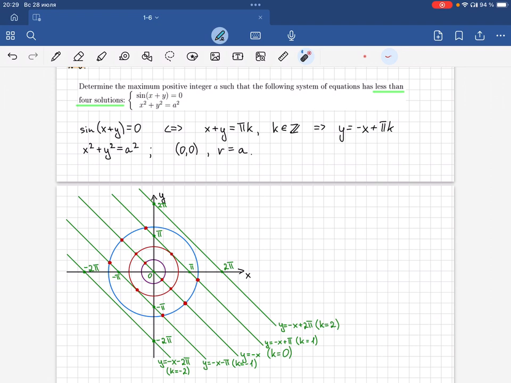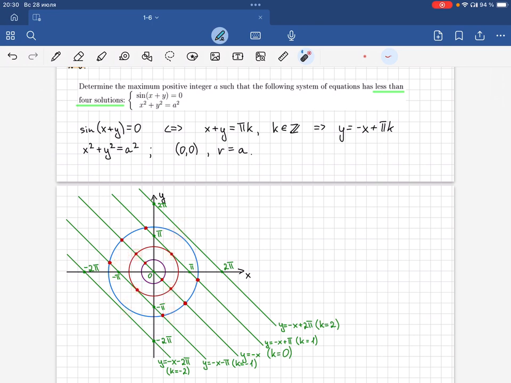And we will have these two solutions until the moment when our circle reaches these two lines, this one and this one. This is our red circle, and you can see that here we have not two, but already four solutions.